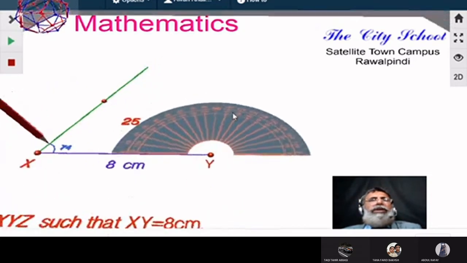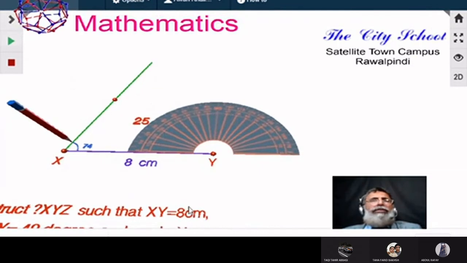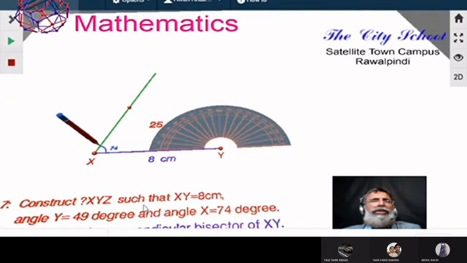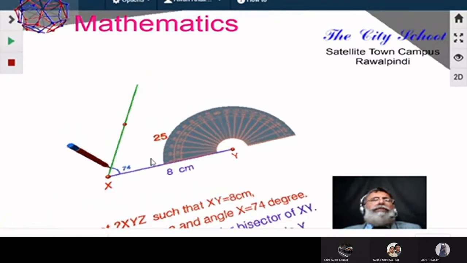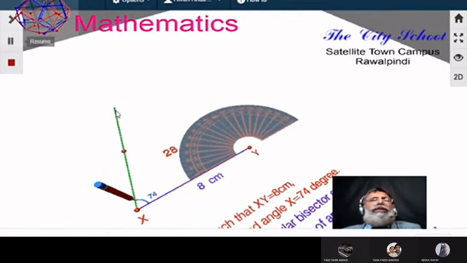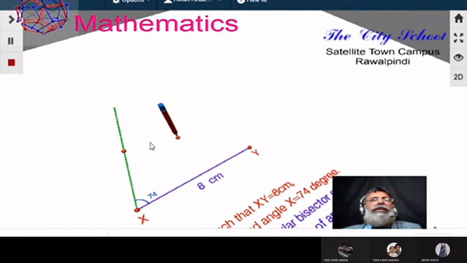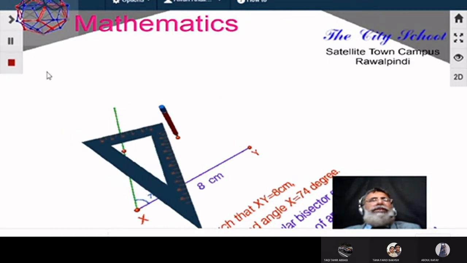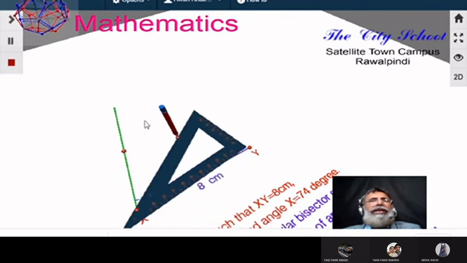Now the other angle will be drawn. The first angle was of 74. Now the second angle is of 49 degrees, so we'll be drawing 49 degrees. Now we'll be joining the line and marking it further to see where it crosses the previous angle line.